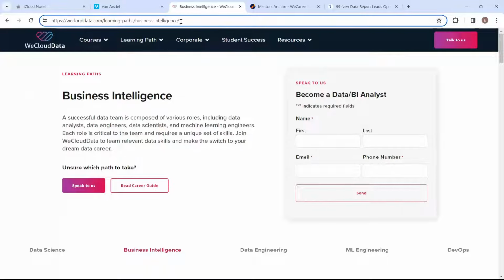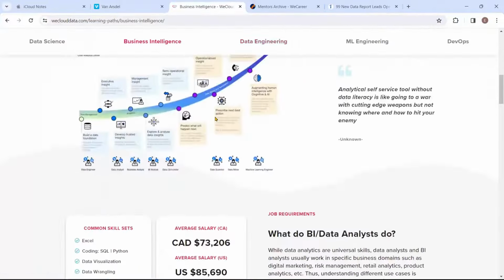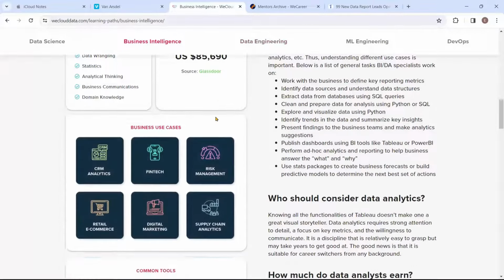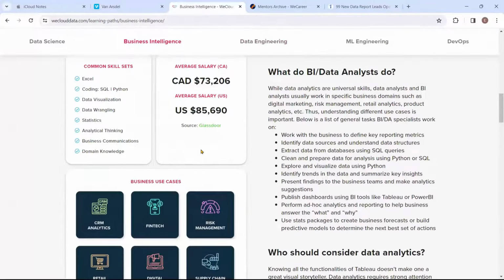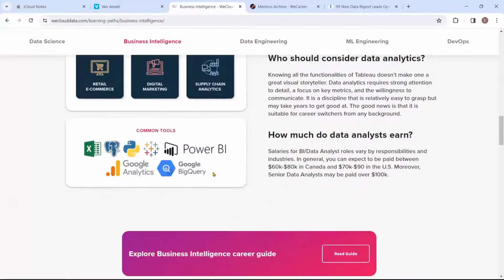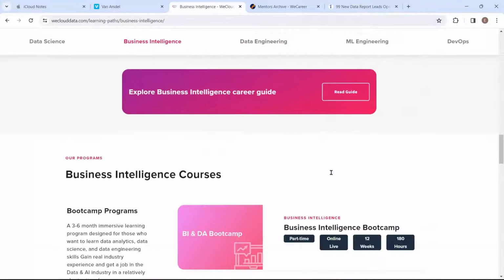So today, I am the director in charge of the business intelligence program. So if you go to WeCloudData.com, learning paths, and business intelligence, you will get the full details, including salary, including the use cases, and the most common tools.